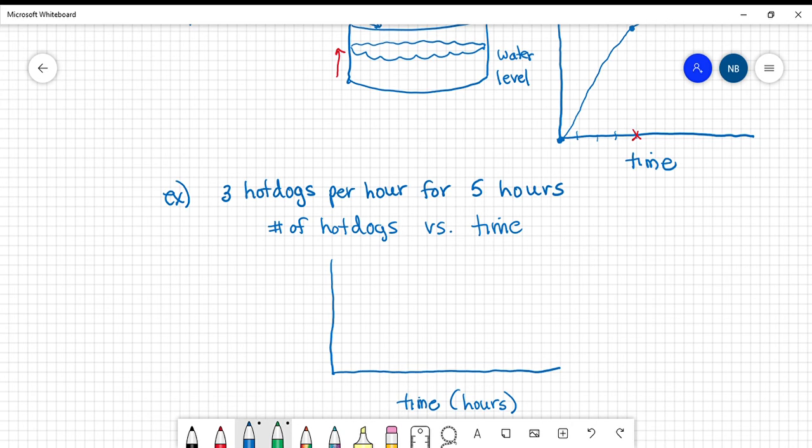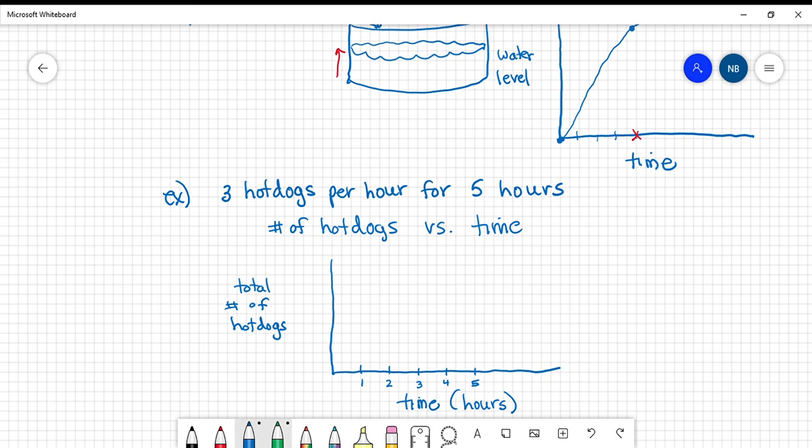And per hour, we know how many hours, 5. So we're going to say this is 1 hour, this is 2 hours, 3 hours, 4 hours, and 5 hours. The vertical axis is going to be the total number of hot dogs.